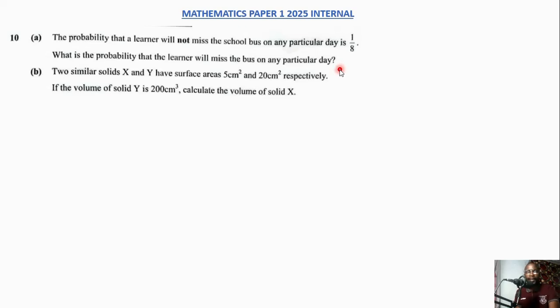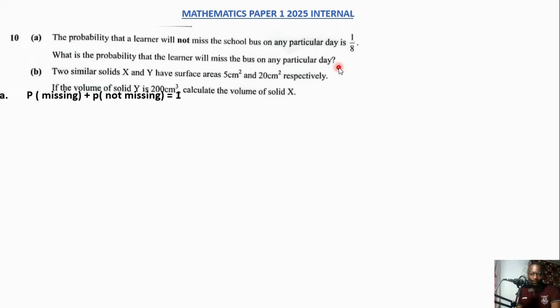The probability of doing something and the probability of not doing something should always be equal to 1. If you add the probability of doing something and the probability of not doing something, the answer should always be 1. That's the thing.